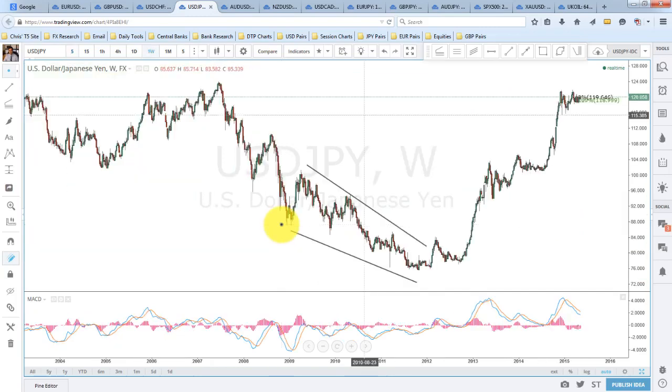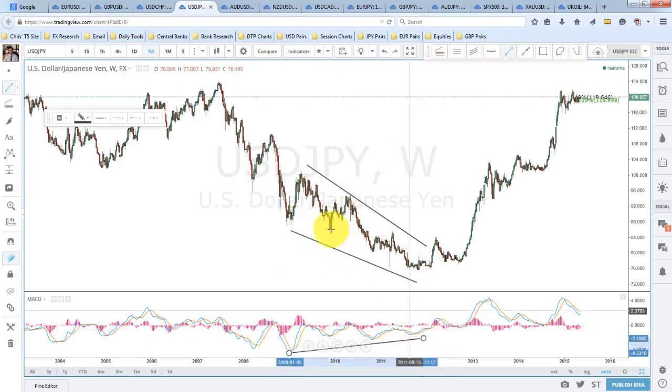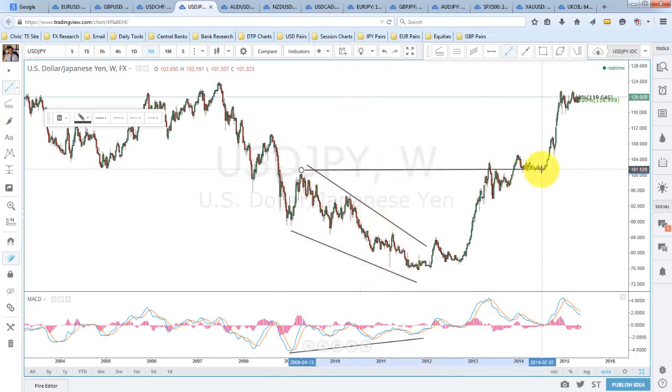Here is the weekly dollar yen. See the diagonal price action, the wedge or ending diagonal, and look at the momentum indicator. Look at our MACD. All the way through these lows, we're diverging. Price reversed, rallied, and where did we find resistance?